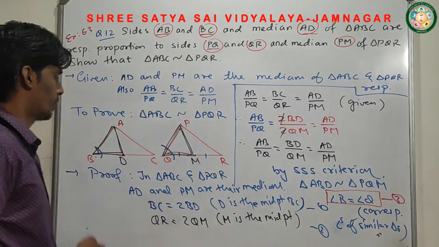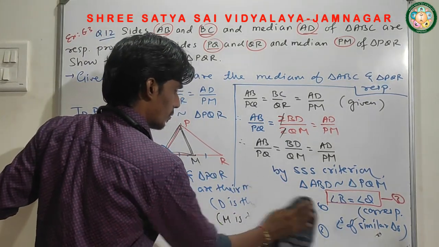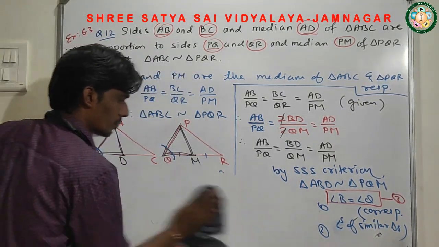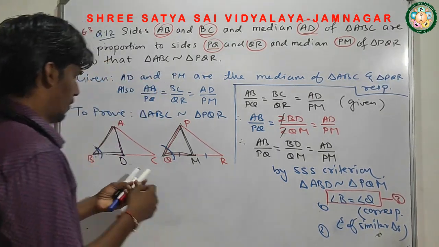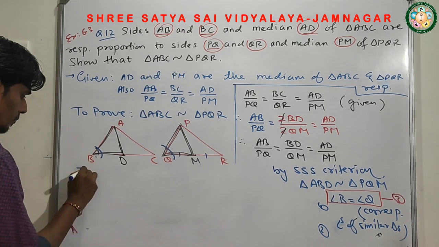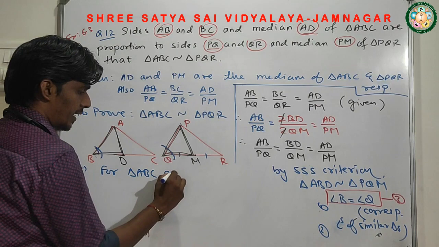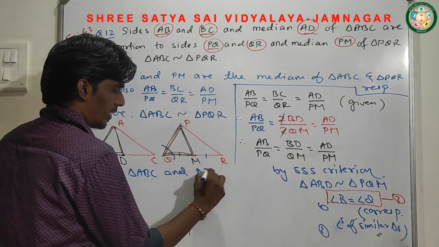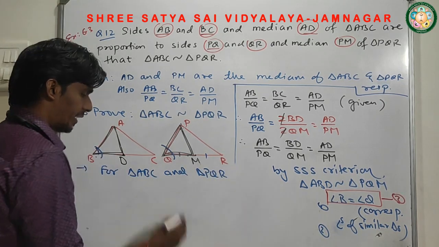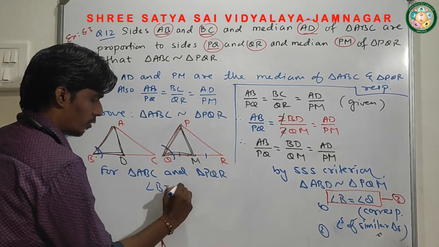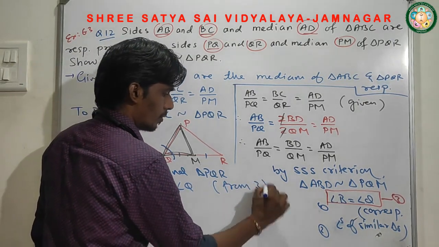Now the main proof. What we are going to prove here for whole triangle ABC and PQR. For triangle ABC and triangle PQR, for these two triangles, one angle is already equal. Angle B is equals to angle Q, say from 3.